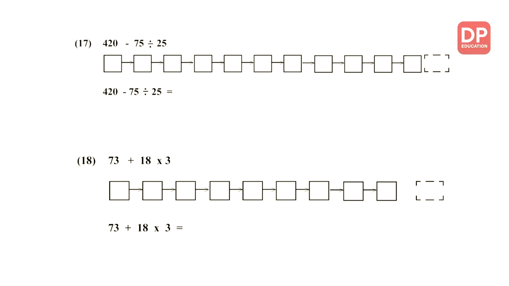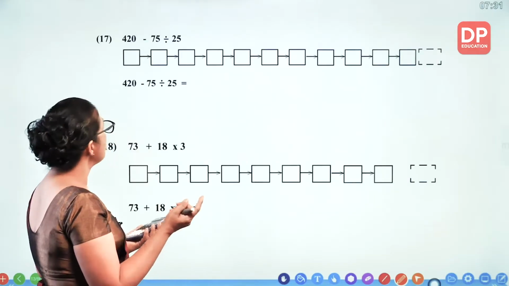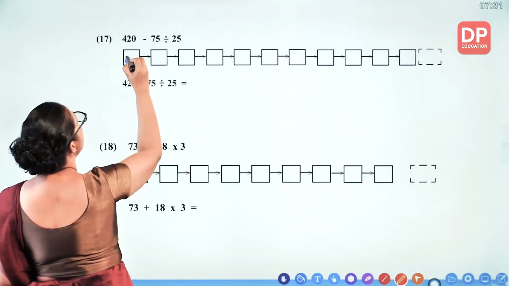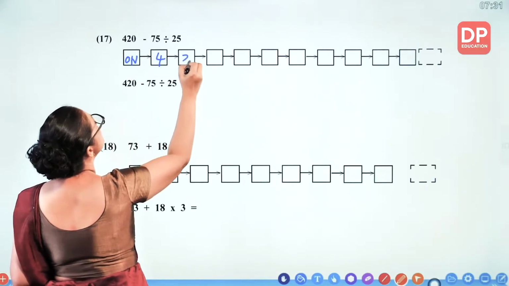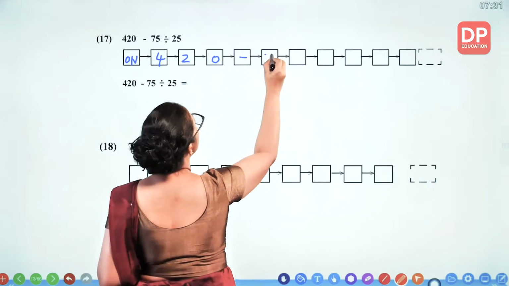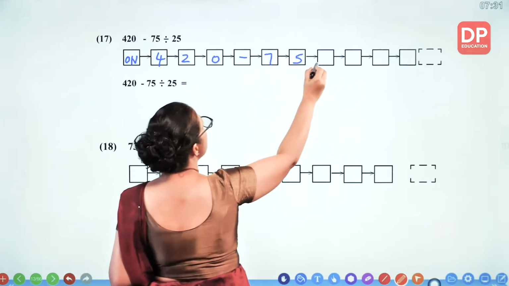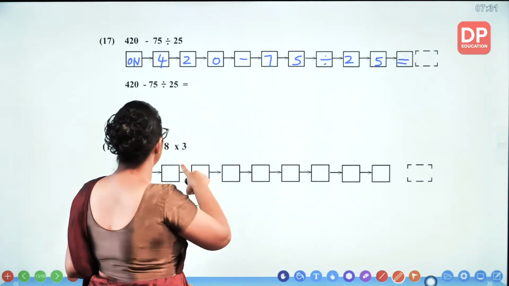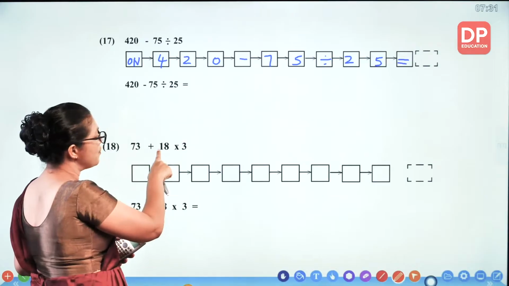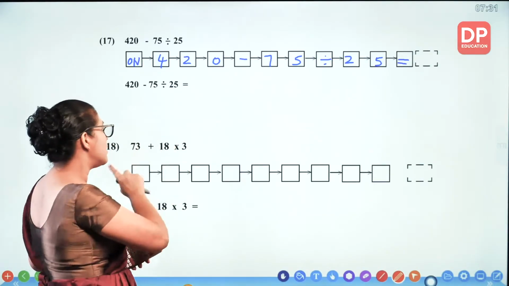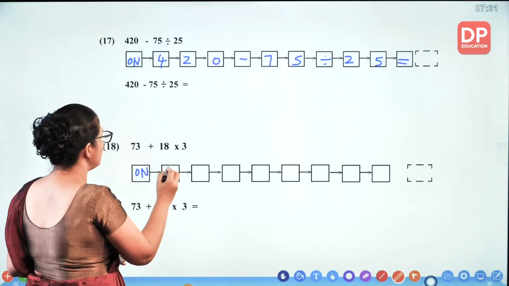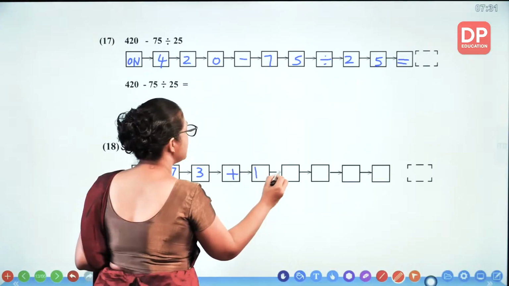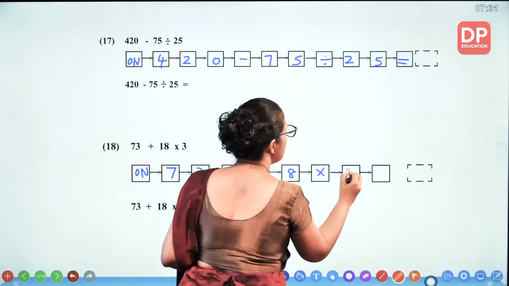We'll look at this one. Now if you are using the scientific calculator, you can just do it the normal way. On, 420 minus 75 divided by 25, then the equal sign. This is also according to BODMAS. With 73 plus 18 multiplied by 3, you have to do 18 times 3 first, but in the scientific calculator you can start from the beginning.